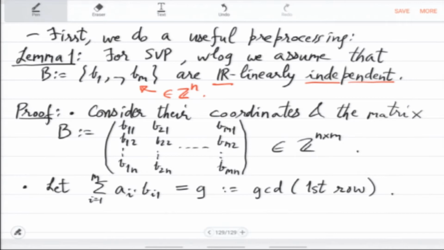So compute the GCD. The a_i's can be computed by, for example, the extended Euclid GCD algorithm. Do that piece by piece: simulate every step of the Euclid GCD algorithm on the columns.